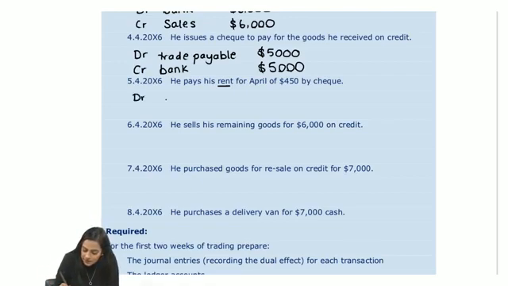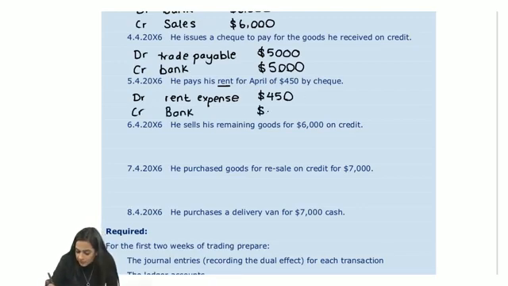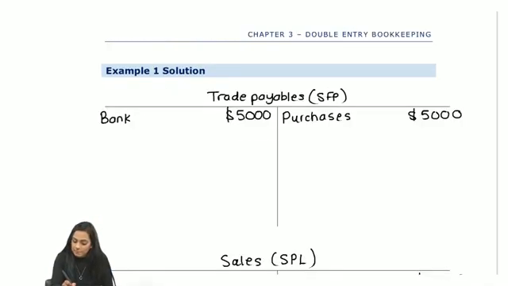So debit rent expense, $450, and credit bank, $450. Okay, we have a bank account open, but not a rental expense account. So let's do that then.